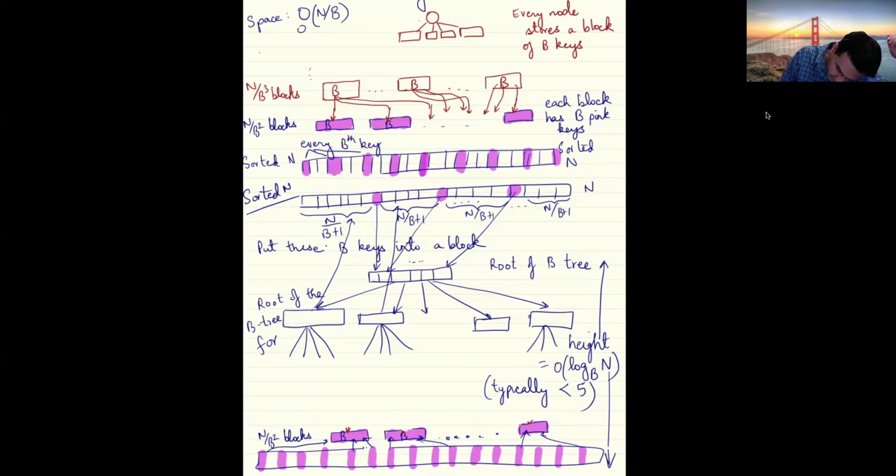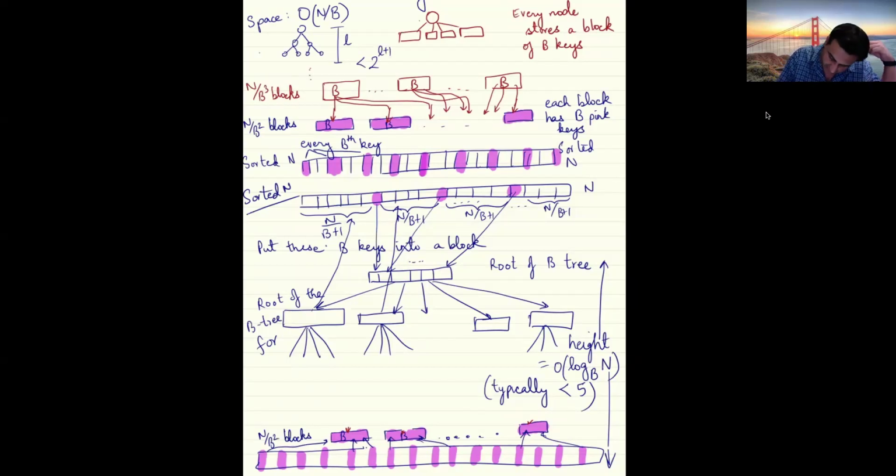I don't know if someone told you this fact or not, but if you have a binary tree, how many nodes does a binary tree have in L levels? What is the total number of nodes in a binary tree in L levels? No, Daniel, it's 2 to the L. Right, it's like 2 to the L plus 1, basically.